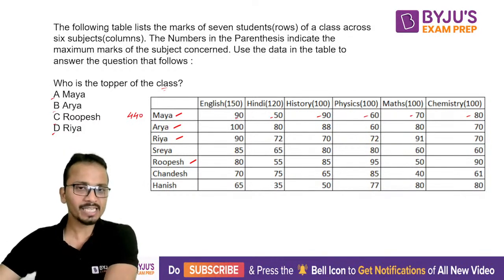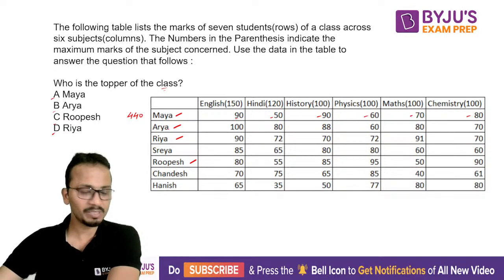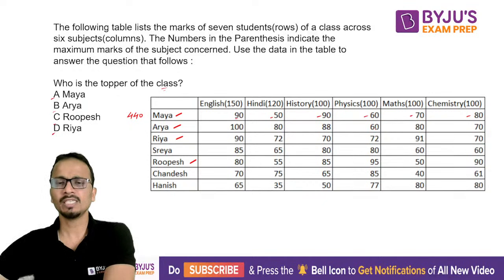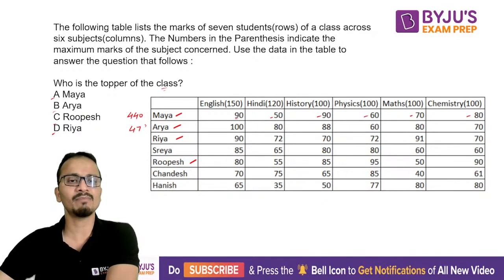Likewise, can you write the sum of all these people? I'm calculating for Arya: 180, 180 and then 80. I'm considering 80 here, leaving 8 behind. So 180 and 80 is 260, then 320, 400, 470. So 478 is the sum for Arya.